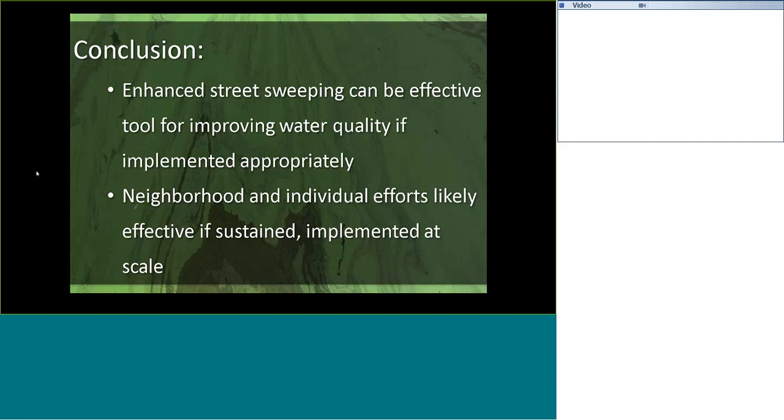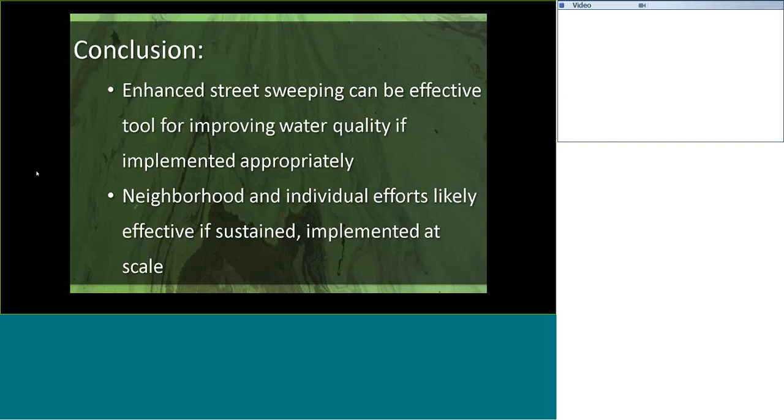Yeah. And one question that I had, or maybe it's more of a comment: you mentioned that the neighborhood centralized approach is not sustainable, and that makes sense to me. But it seems like that is maybe a good way to at least get the neighbors to start thinking about the issue, and that might be the impetus to get them to do the more individual things.